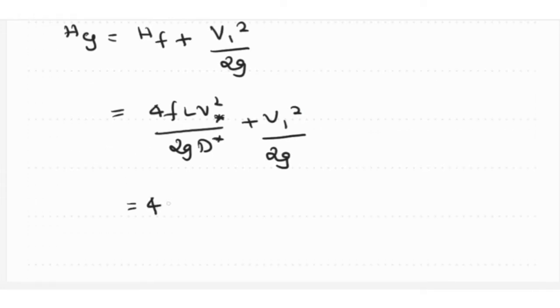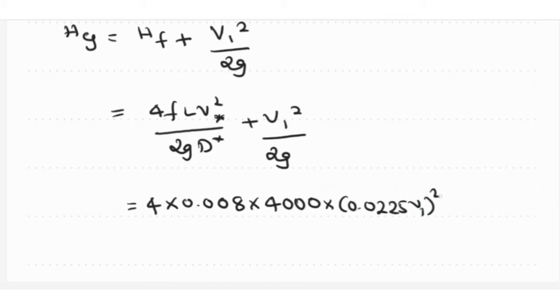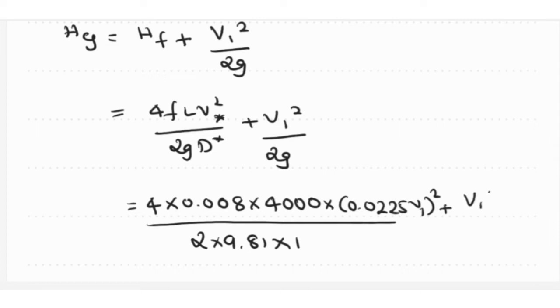So 4 into friction, which is given in the question as 0.008, into 4000 into V star, which we have calculated now as 0.0225, V1 whole square divided by 2 into 9.81 into diameter, is equal to 1 plus V1 square, which is unknown, into 2 into 9.81.